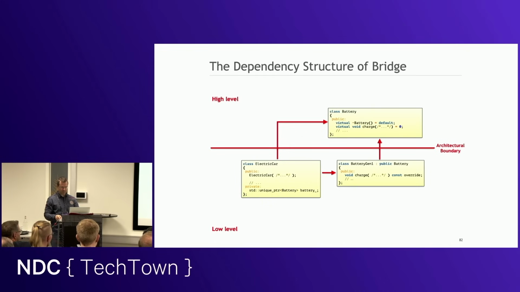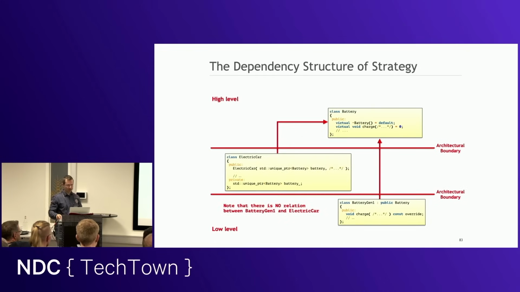Strategy, on the other hand, moves this battery Gen 1 to a lower level. So now the electric car is totally unaware of a battery and requests a battery in its constructor. Please give me a battery. Somebody else now takes care of that and provides this at another level of the architecture. So again, the difference is an architectural boundary.